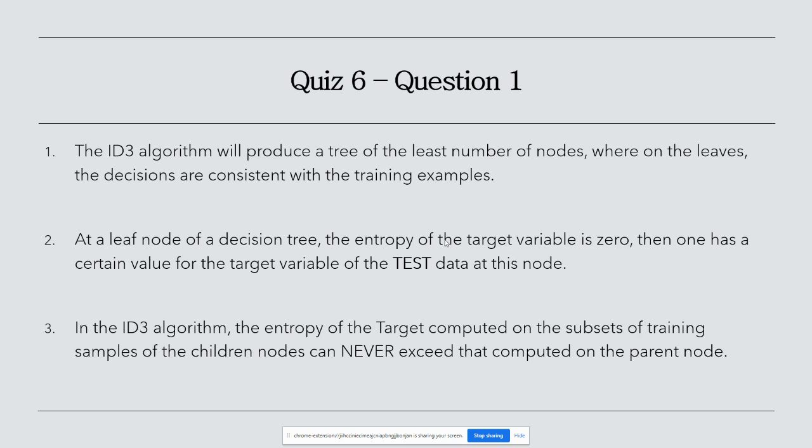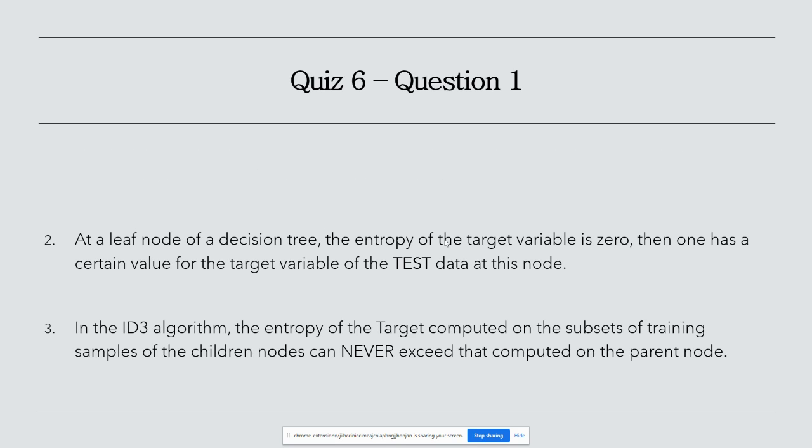This is wrong because the ID3 algorithm will not necessarily produce the least number of nodes in the tree, because it focuses more on minimizing the entropy when the tree is split. So this option is wrong.